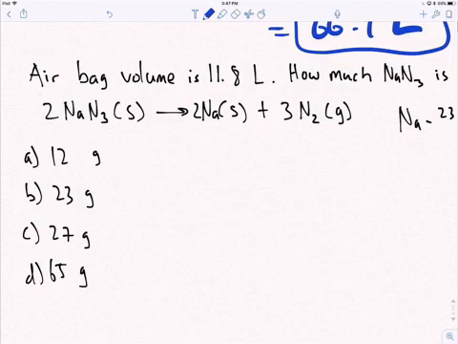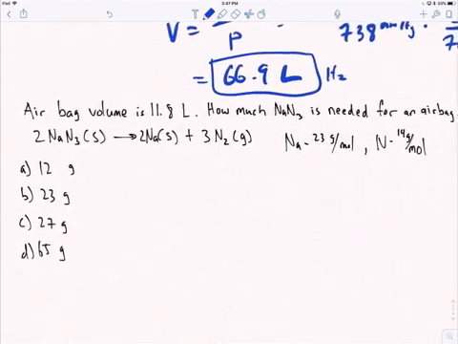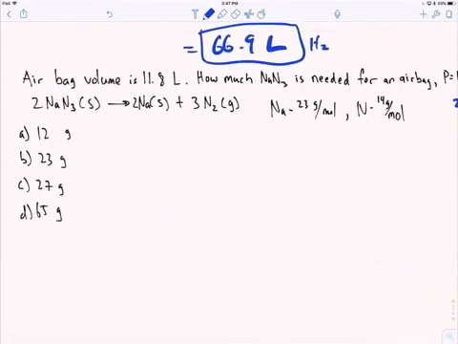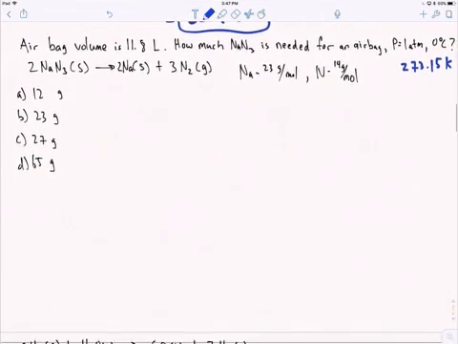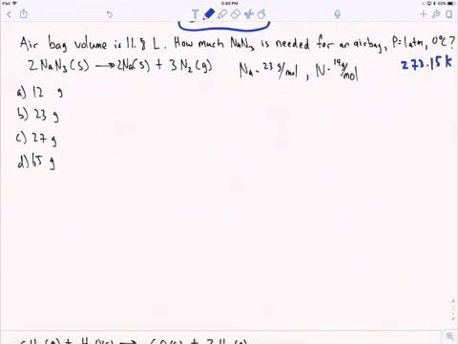Either way, the volume in the airbag comes from the nitrogen. The airbag volume is 11.8 liters, and that 11.8 liters comes from the nitrogen gas. How much sodium azide is needed for an airbag, at a pressure of 1 atmosphere and a temperature of 0 degrees Celsius or 273.15 Kelvin?